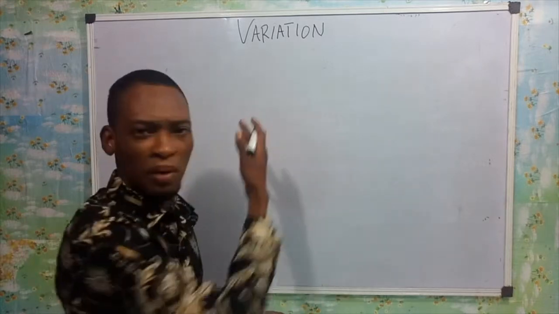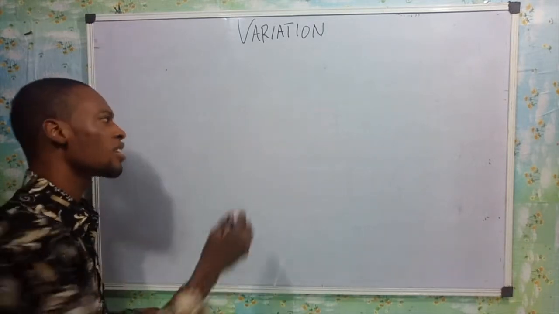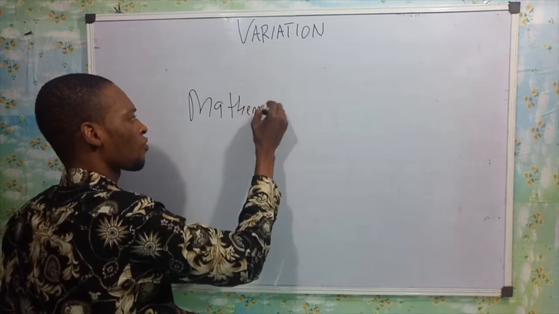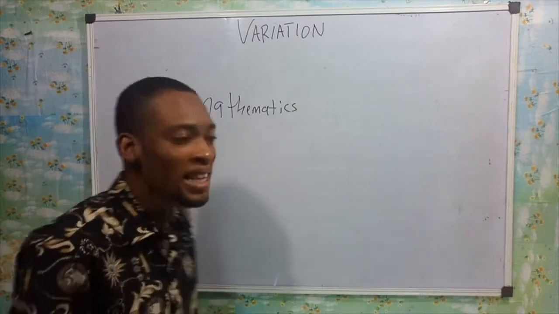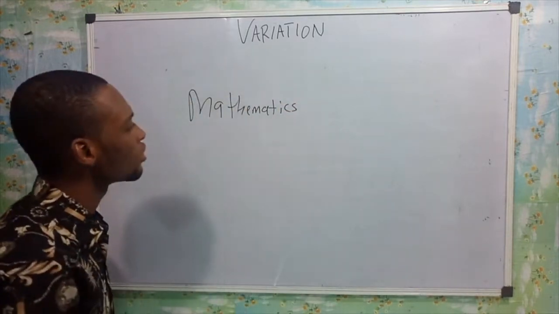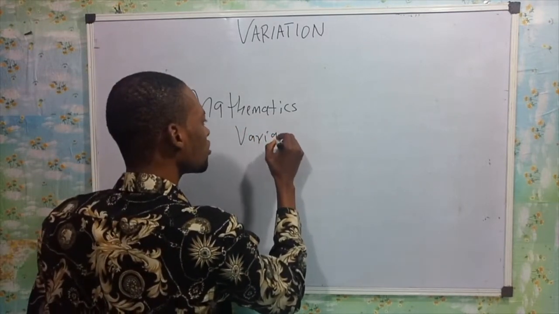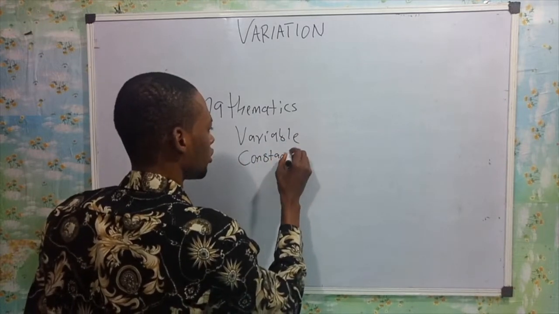Before I embark on my procedures, let me quickly go through something. In mathematics, we mainly deal with two quantities: a variable quantity or a constant.